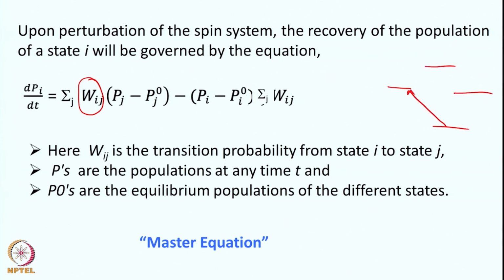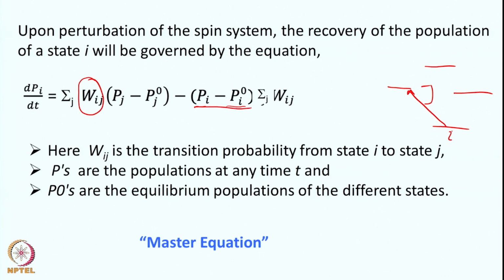Then we have Pj, the population at any time, minus Pj0, the equilibrium population, minus the population of the i state at any time, minus Pi0, the equilibrium population.